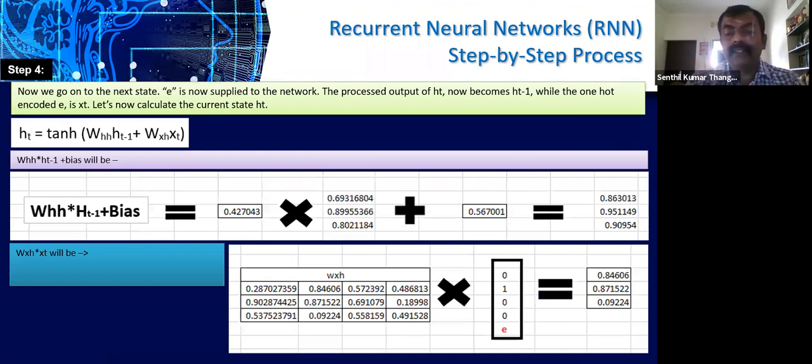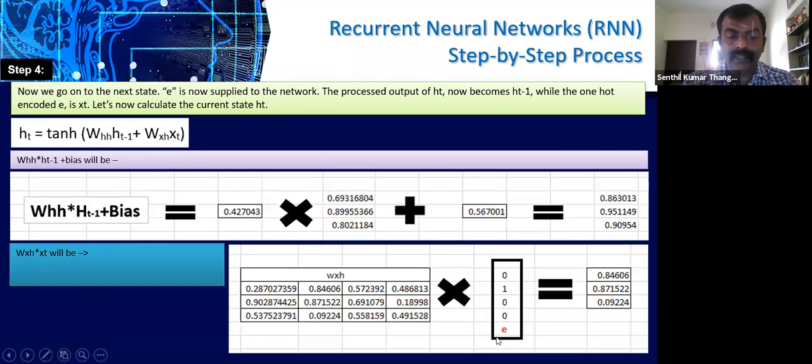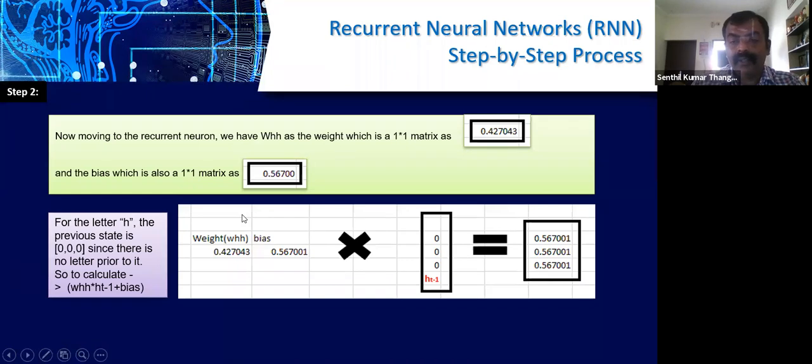Now the next step is, when you're getting E to the network, after H, we are supposed to get E. So when we get E to the network, we apply the same formula here. The previous value that we got is 0.69, 0.89 and 0.80. This 0.42 is a static value that is being supplied. You can see here the static weight that is being supplied for the recurrent neuron.